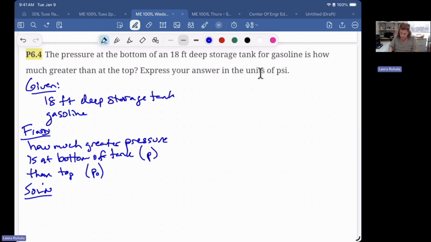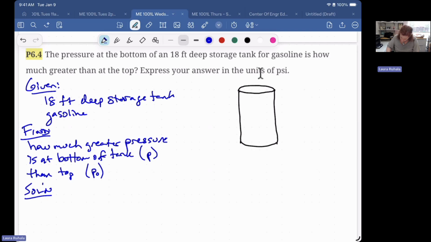Let's draw a picture. Okay, so a tank, we'll assume it's a round tank. So here's my tank. Draw it like that.